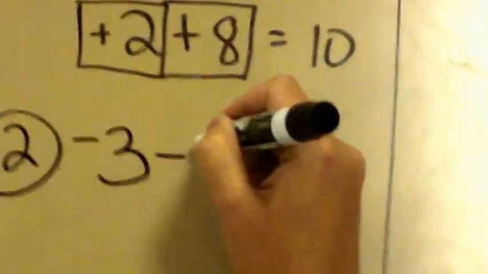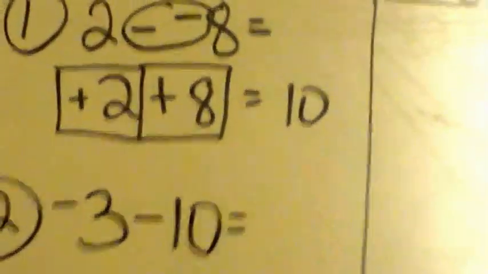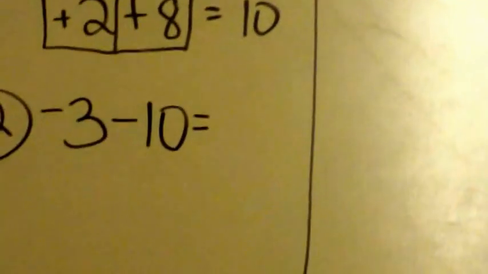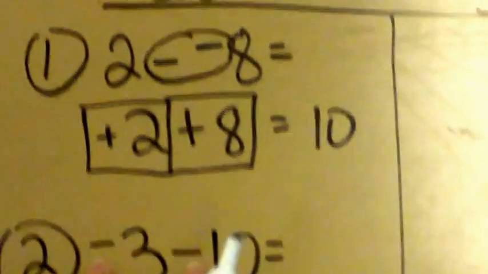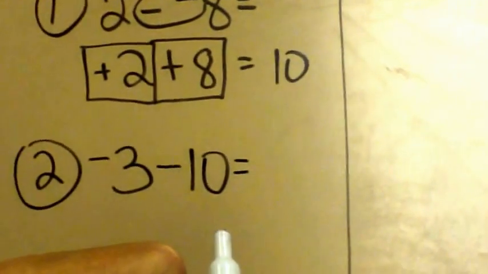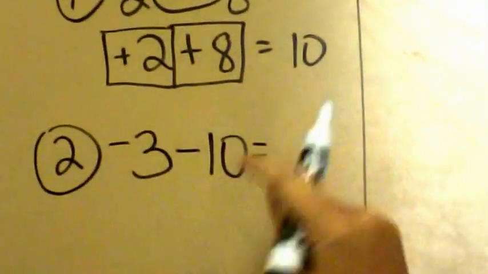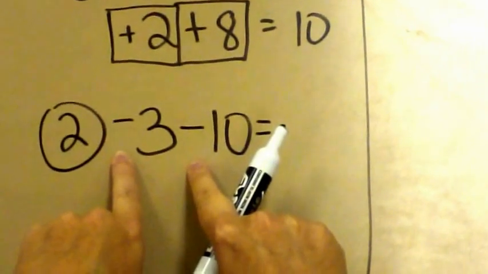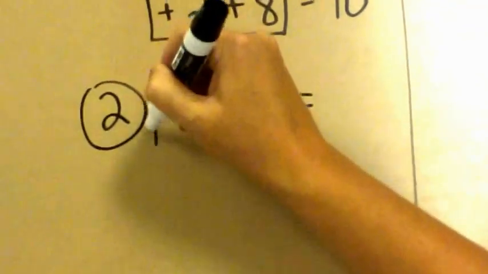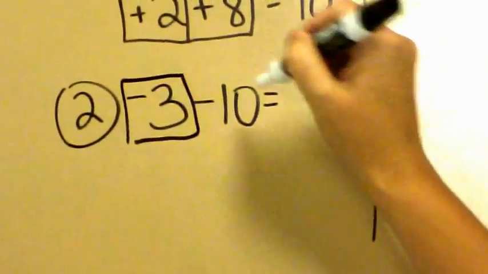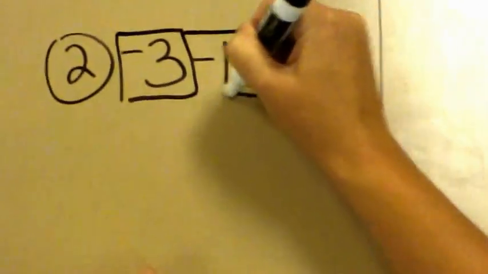Let's do another one. Let's do -3 minus 10. Do I have any double signs in this one? I have no double signs. I've got this, but they're not butted up next to each other. So I'm going to skip down to where it talks about boxing in my steps. I've got a -3 and box this 10 in with his buddy.